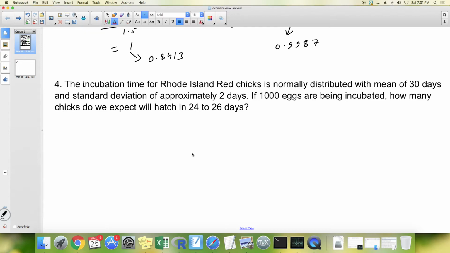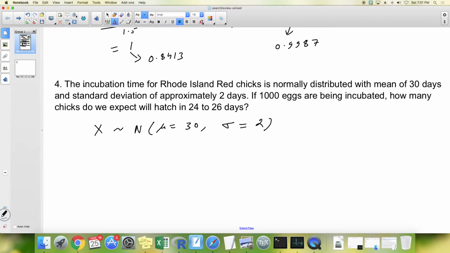The incubation time for chickens is normally distributed with a mean of 30 days and standard deviation 2 days. So for each chicken, the incubation period is normal. So X follows normal with mean mu equals 30 and sigma equals 2.